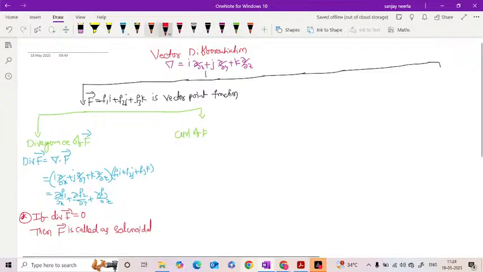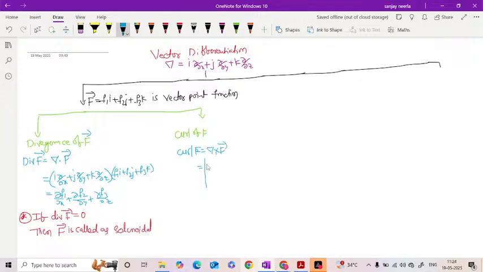Next one, come to the curl. So curl of the vector f, symbolically we write del cross f, and mathematically we just have to find the determinant of the 3 by 3 matrix.